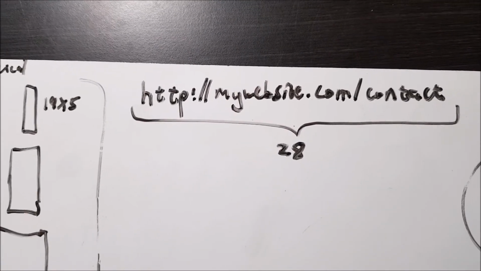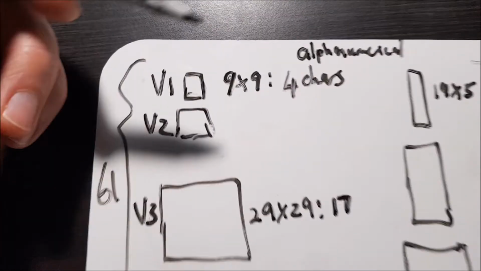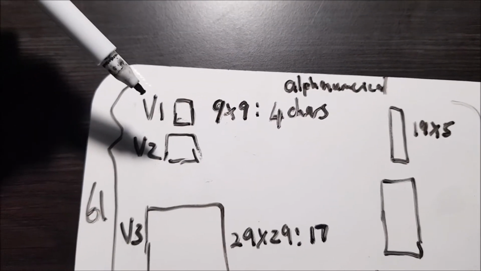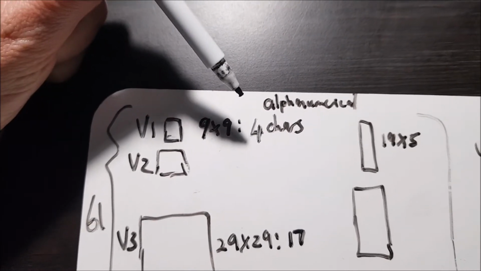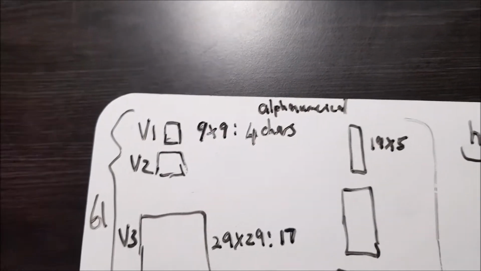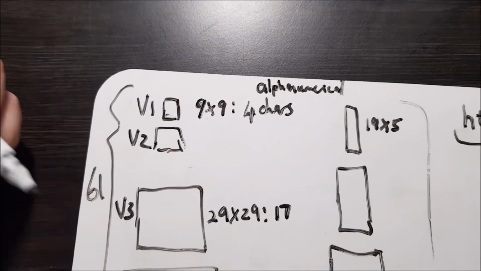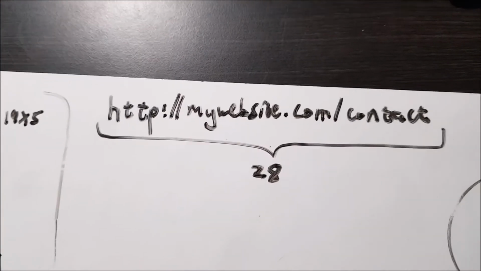So you can comfortably use this number of characters indicated over here. So you can, for example, represent with version 1 a website address that's 4 characters or less.